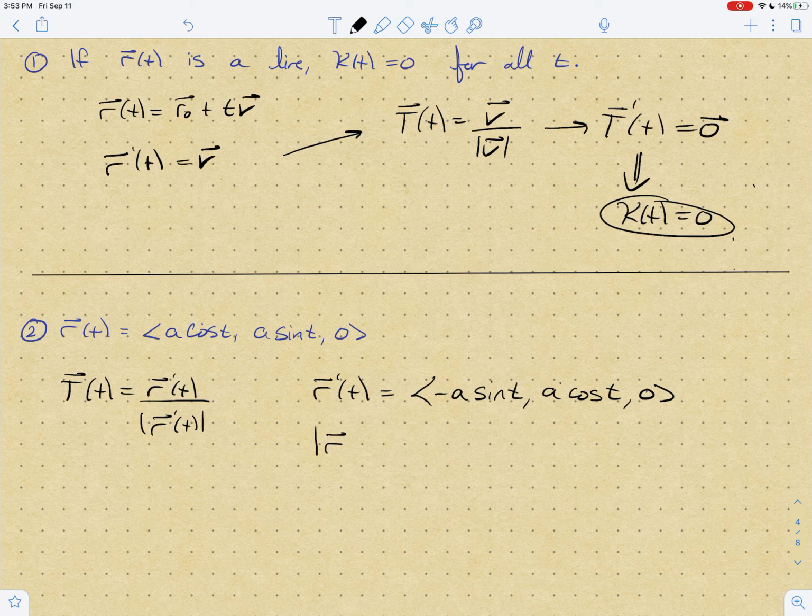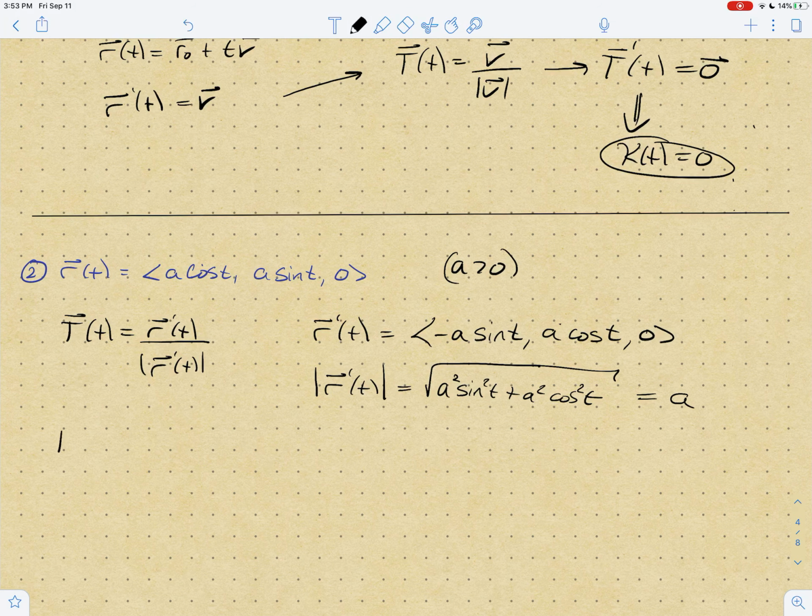I need the length of r prime of t, and this is going to be, well, think with me, a squared sine. We should assume a is positive here because I don't want to have to deal with absolute values. So this is going to work out to the square root of a squared sine squared t plus a squared cosine squared t, which is just going to be a. So the length of r prime is going to be a.